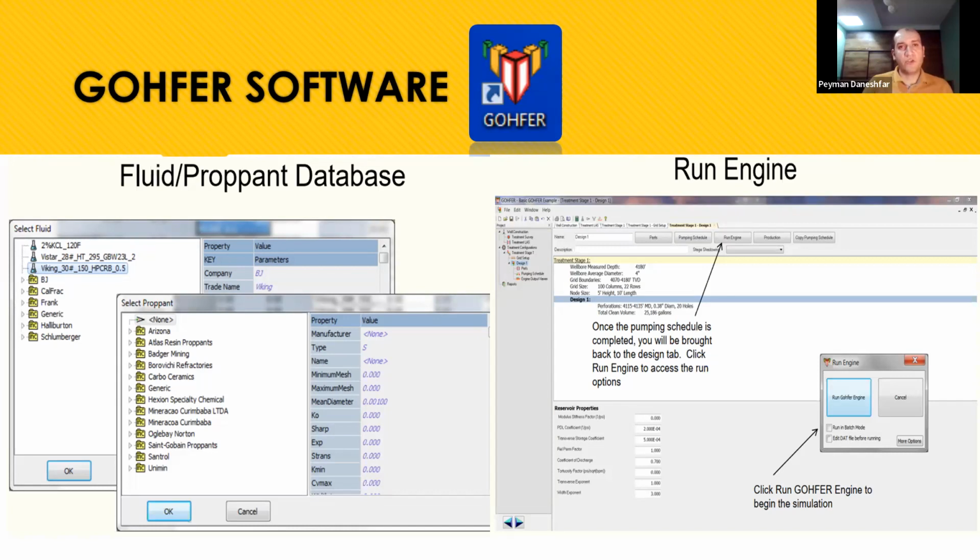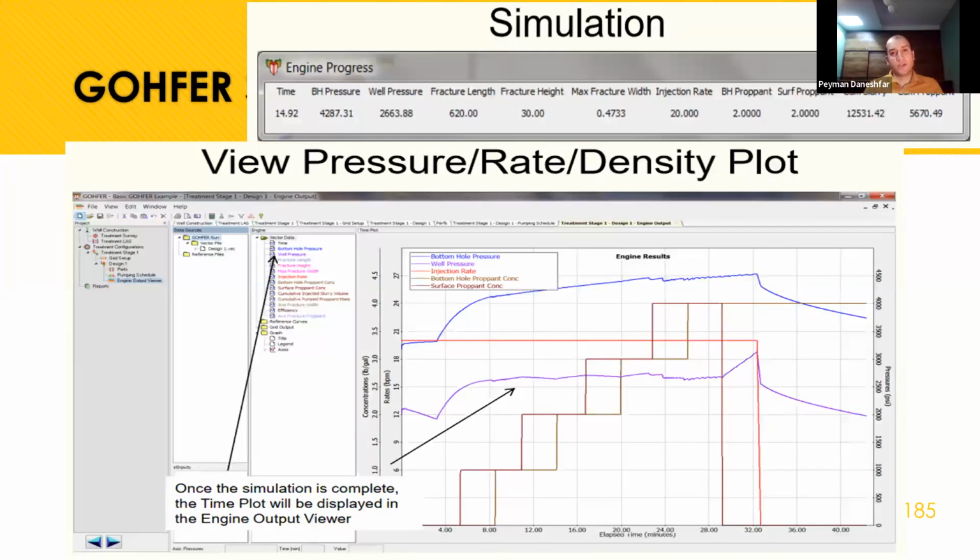In our simulation, you can see parameters like bottom hole pressure, well pressure, injection pressure, proppant concentration at surface, and proppant concentration, because you put in some data before doing the job, and it calculates with those formulas, depending on the time.